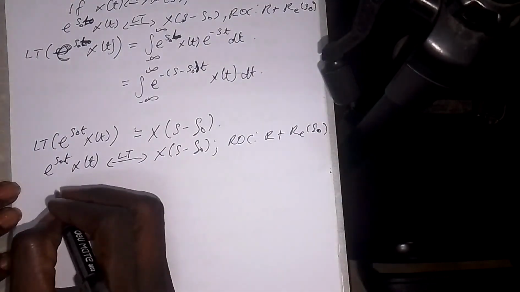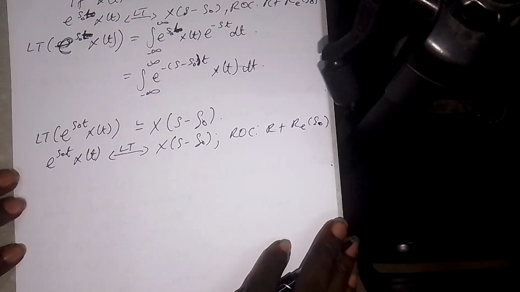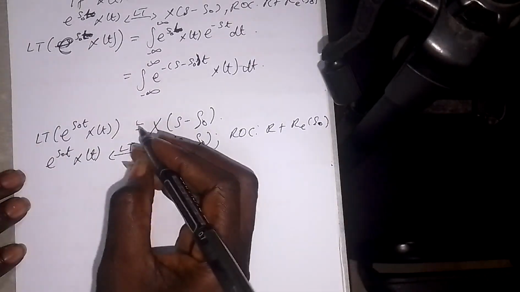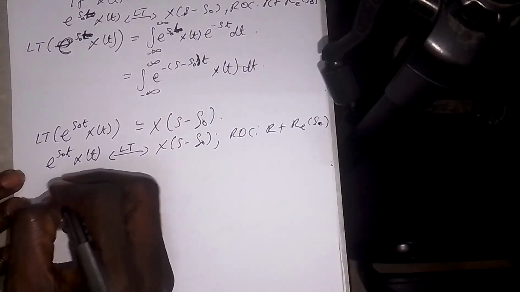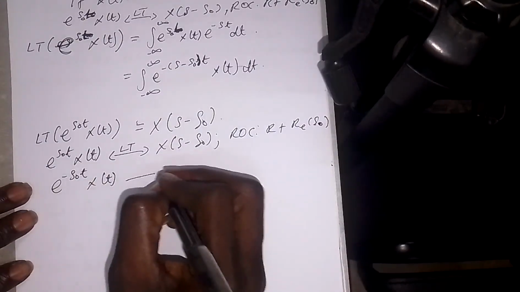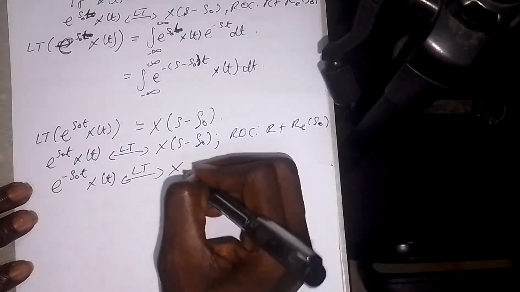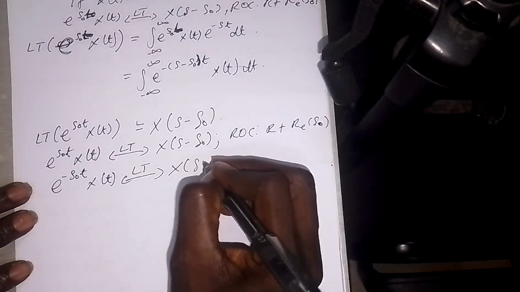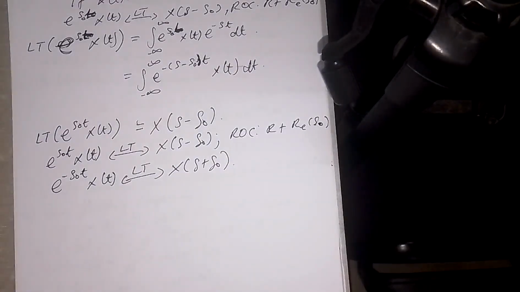So basically from here we can also see that if we have e^(-s_0 t) into x of t, then our Laplace transform could also be found simply. That will be x of s plus s naught. Okay, alright. So basically that is how you can just do this one.